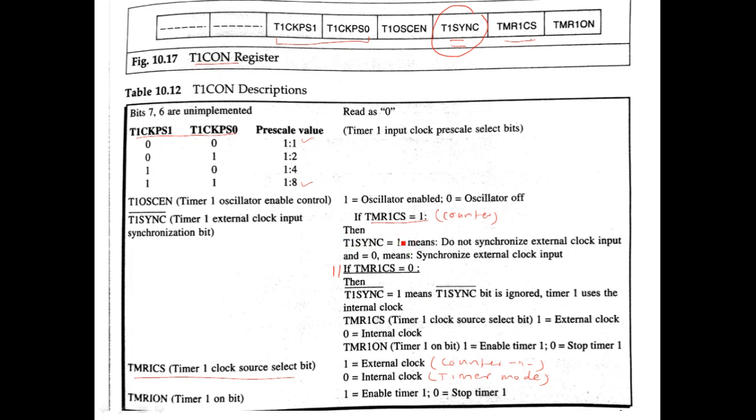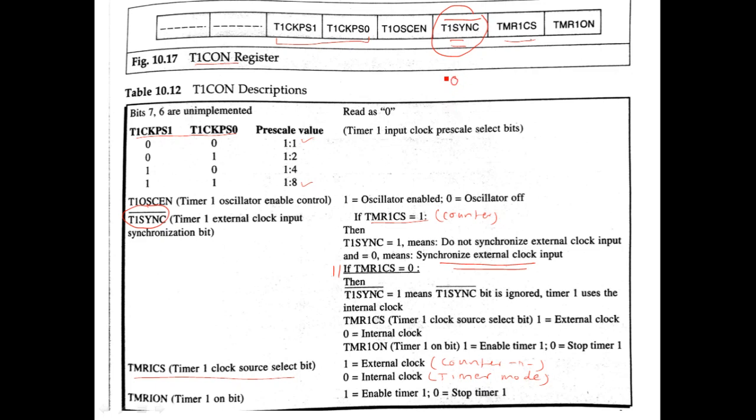When it is 1, do not synchronize, but when it is 0, it means synchronize the external clock input with the internal clock. Okay, so this is an active low bit, you understand. It is timer 1 SINAC bar, actually it should be bar here.